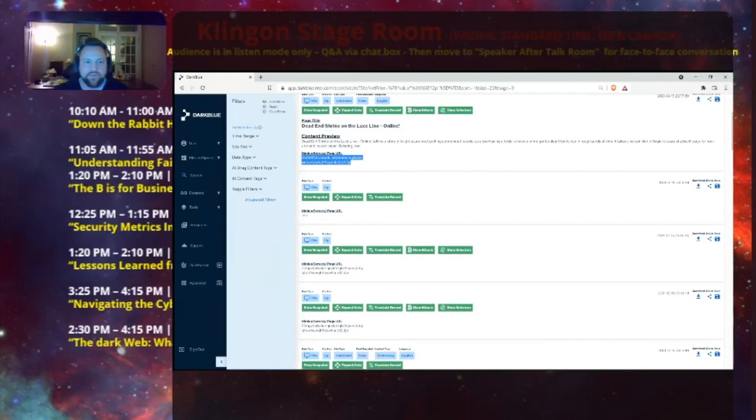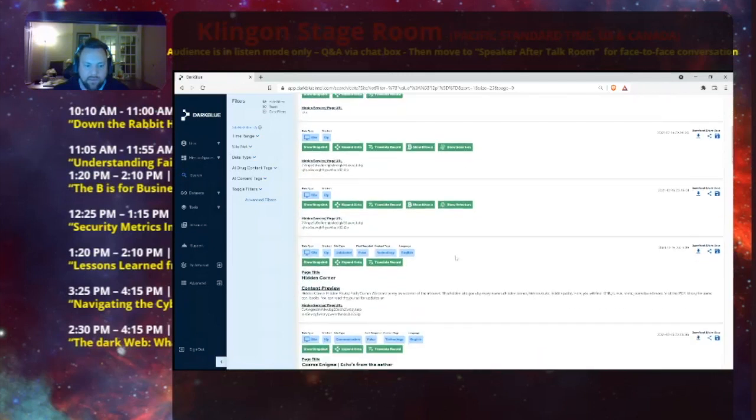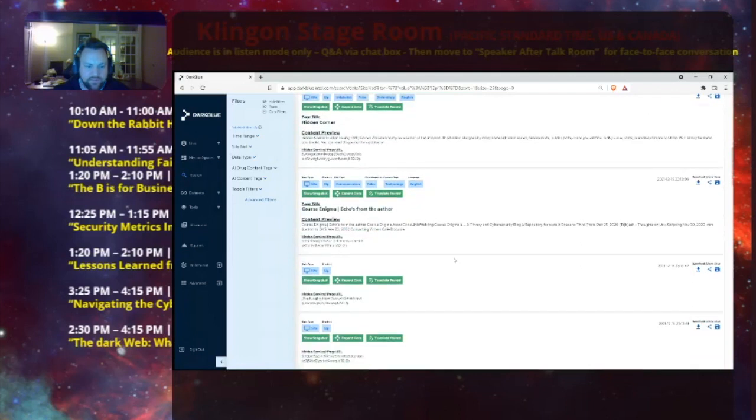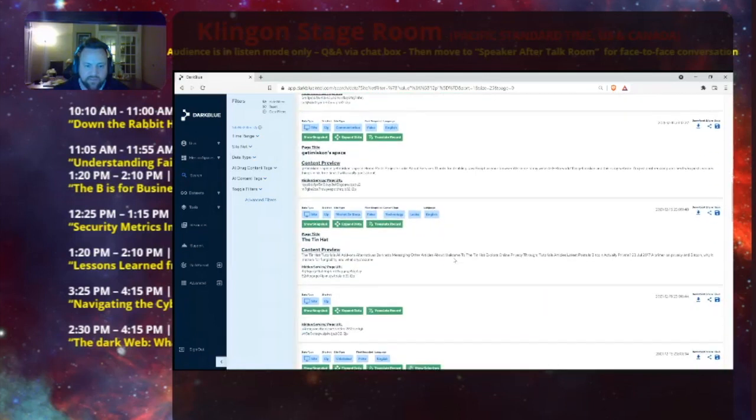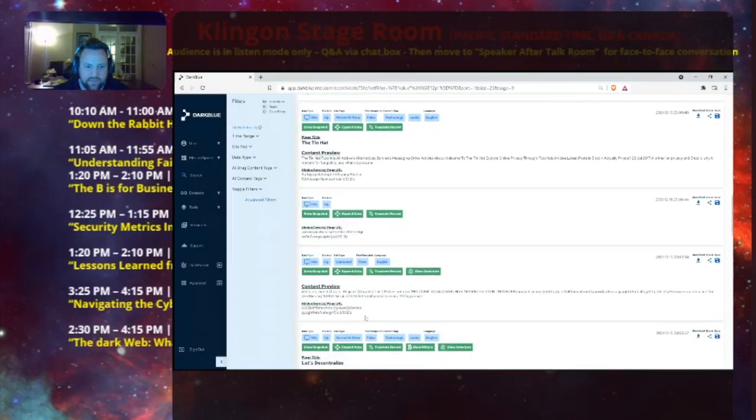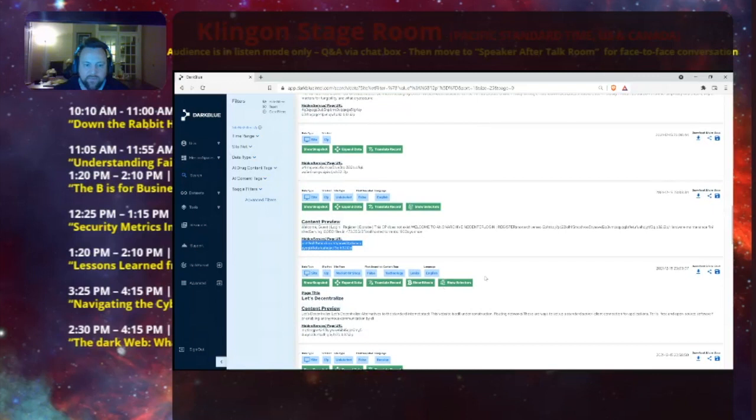So this is what an I2P URL looks like. You're either going to have what's called a B32, which has more information in it that allows your router to better find stuff, and then they have vanity addresses. If I come across one, I'll show you what it looks like.